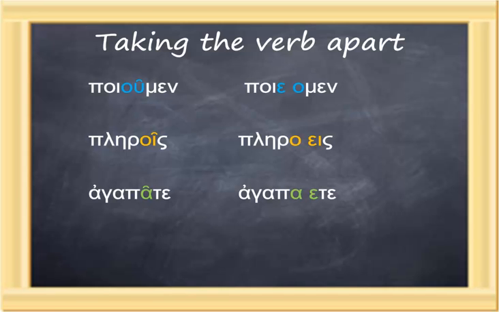Of course, if you've been looking at these quite carefully, you'll notice that even before taking the verb apart, uncontracting it, you can still parse the form. The first example, poiumen, mu epsilon nu, that's first person plural.